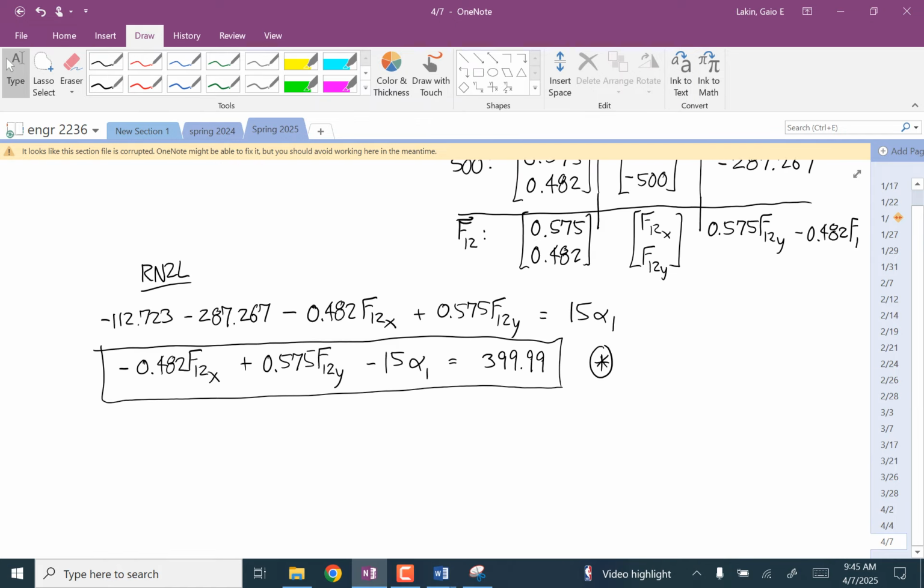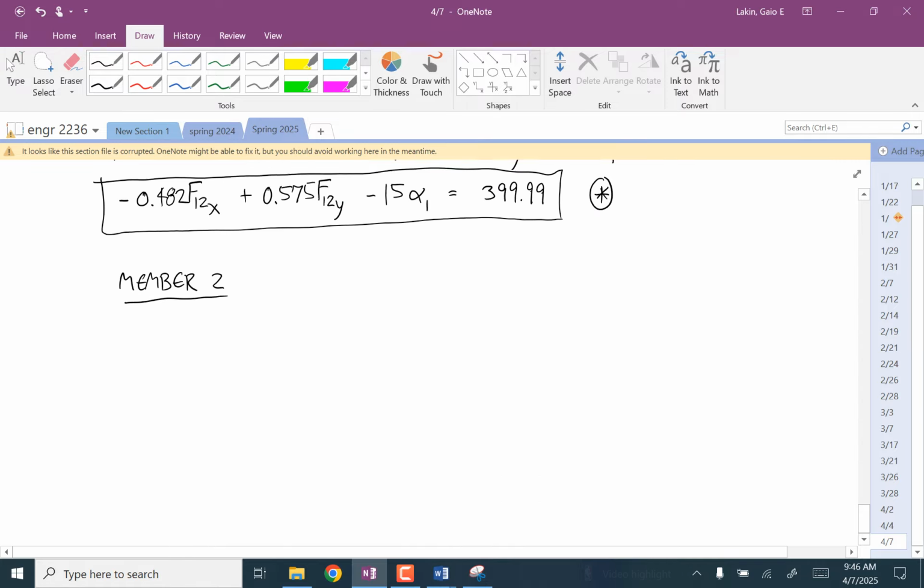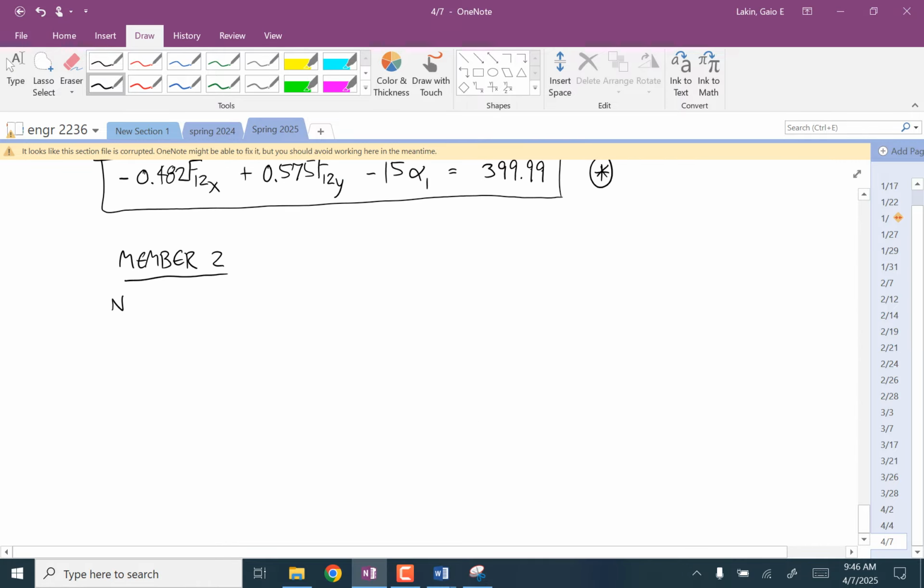Now we'll do member 2. Does member 2 have a fixed point? No. So our about point is going to be the center of mass. And so this is just 1/12 times 20 times 1.5 squared.